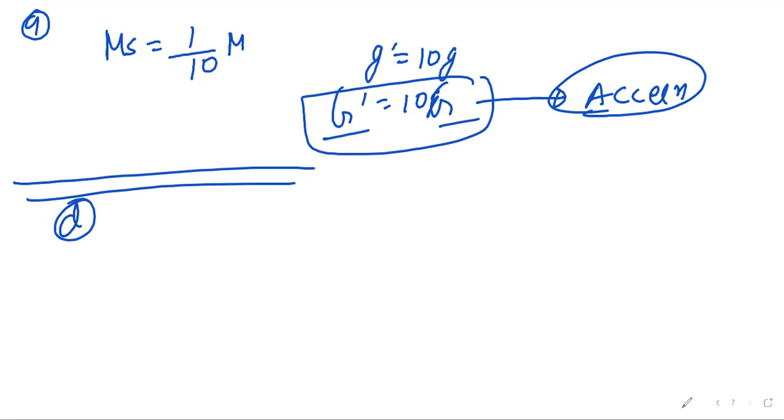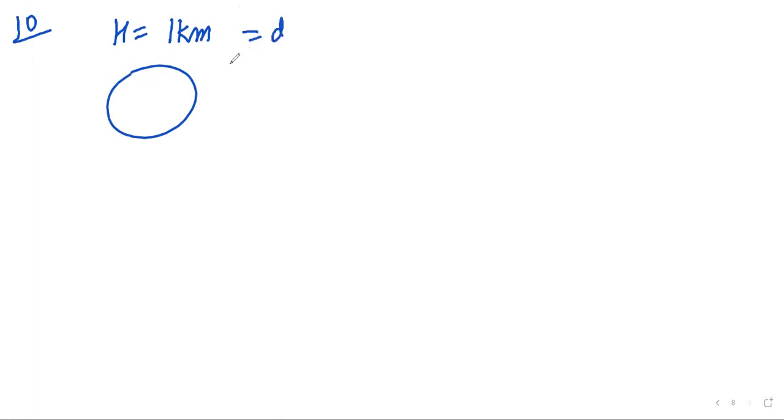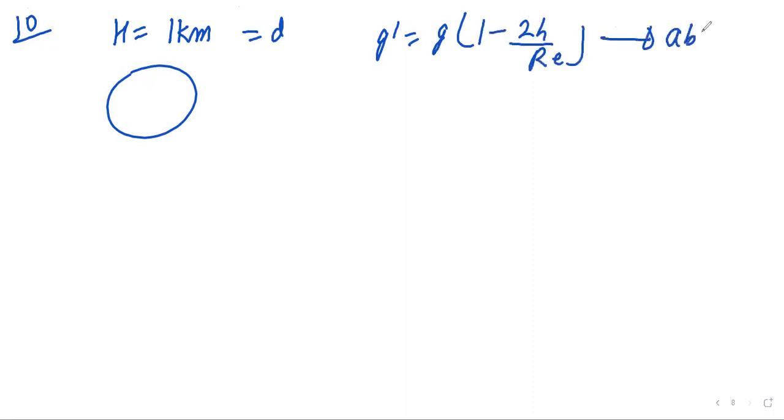Now see the next part, that is the 10th one. Acceleration due to gravity at height h, 1 kilometer above the surface of the earth, as the depth below. Depth and height we are taking the same. Acceleration due to gravity above the surface of the earth is g' equal to g into 1 minus 2h upon RE.